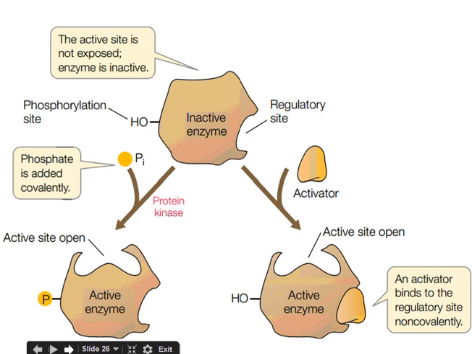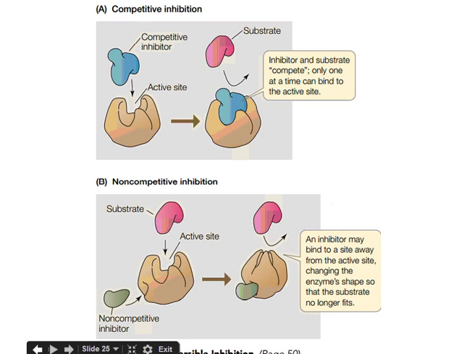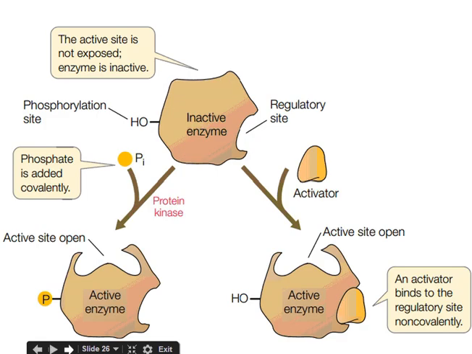Okay? So just to show a couple different ways how enzymes are regulated, on the right side of the screen, we'll have an activator substance that comes in and opens up the active site. So just like when we did here, this is to turn off the enzyme. Well, sometimes we have the enzyme there, but we need to turn it on in order to get it to work. And that's what activators do.